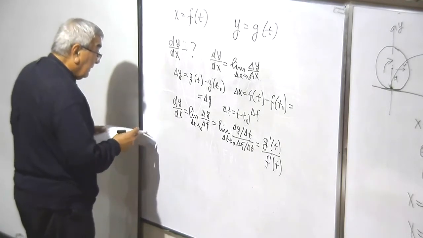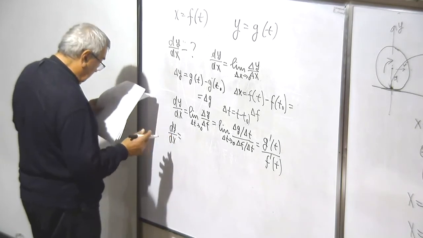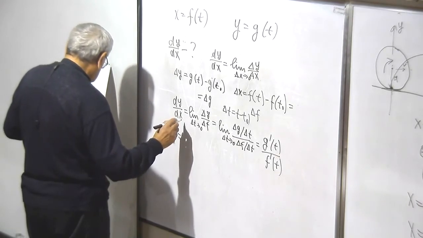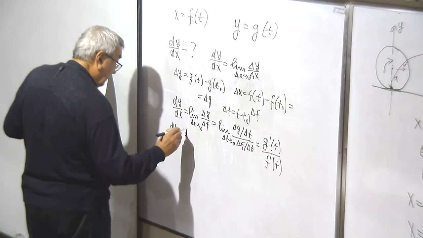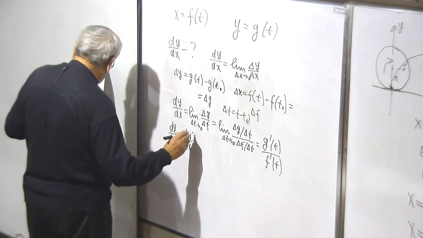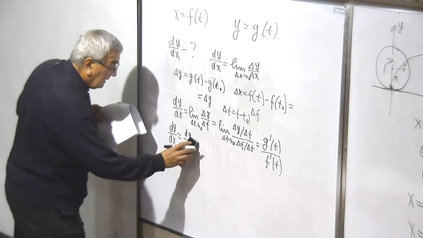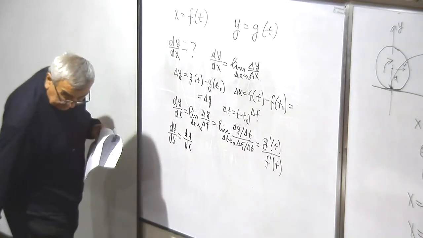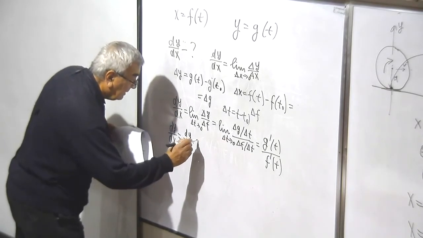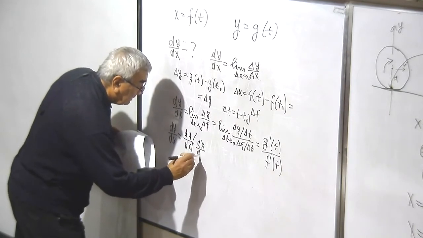You see, dy/dx it is possible to write directly as dy/dx times delta t over delta t, so dy over dt, and here divided by dx over dt.